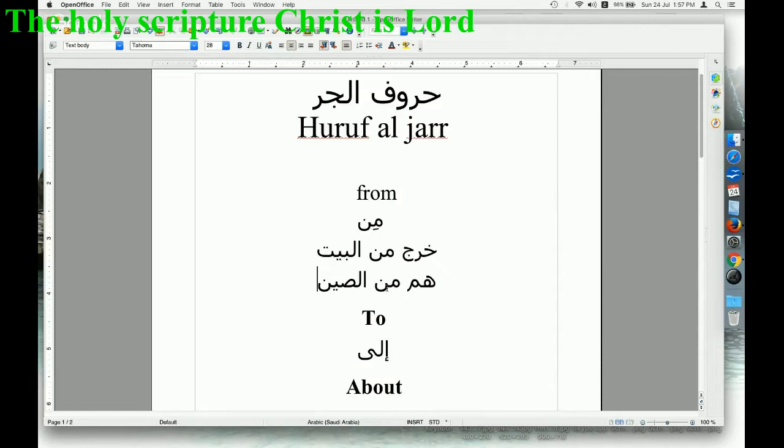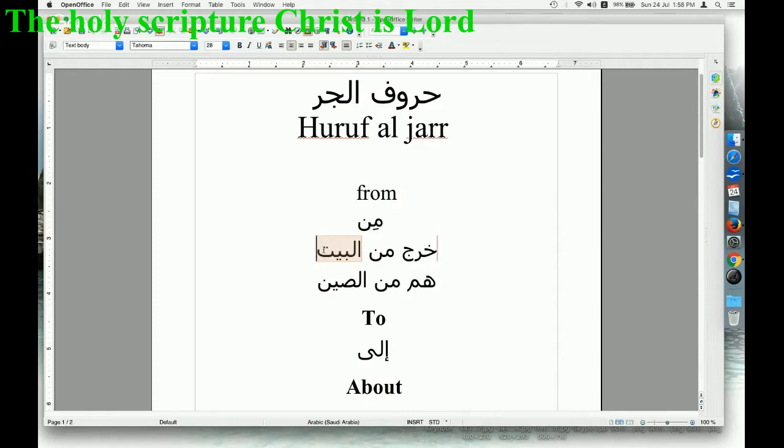Now you notice that min always comes before where it is from. Actually in English you say the same: from China. Here you see the same: من الصين. Min means from, الصين means China. All right. So خرج means he left out, من البيت, البيت is a house.